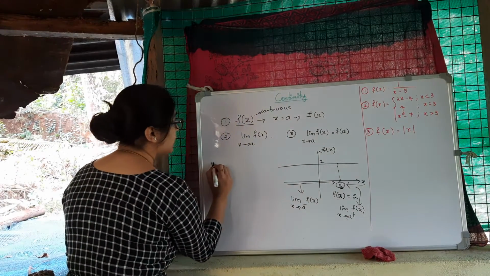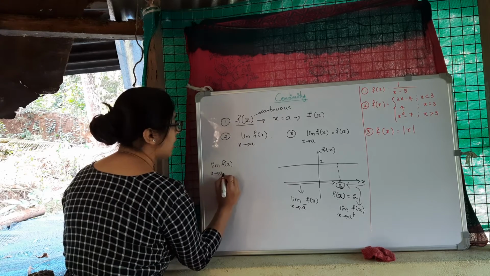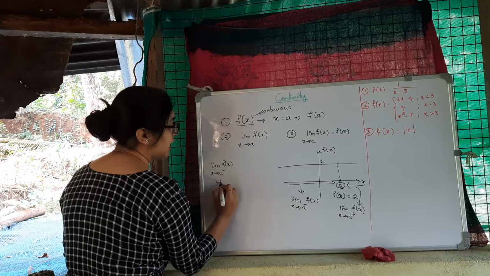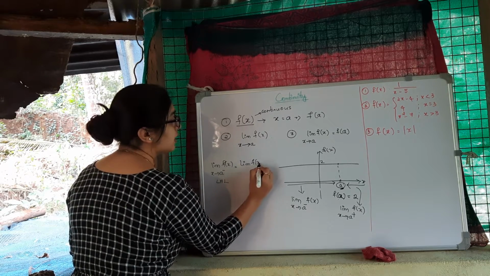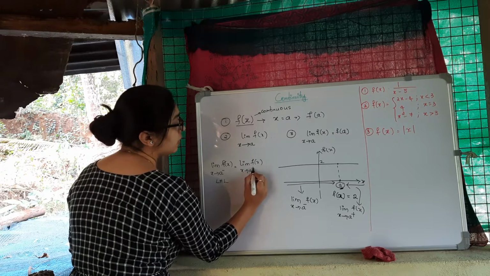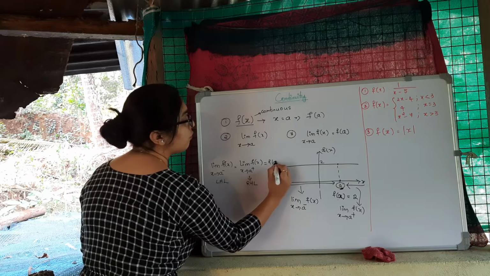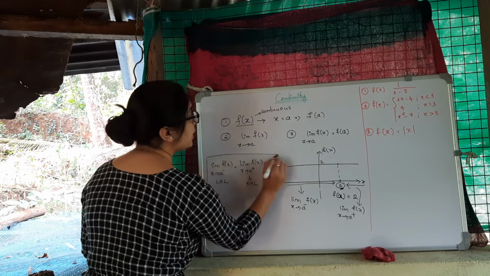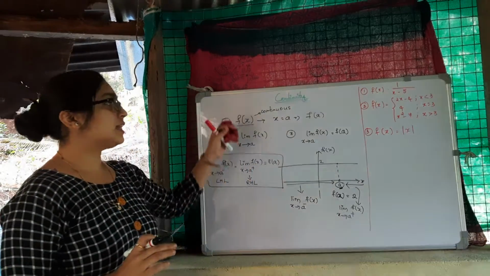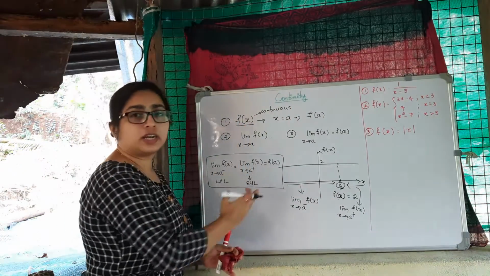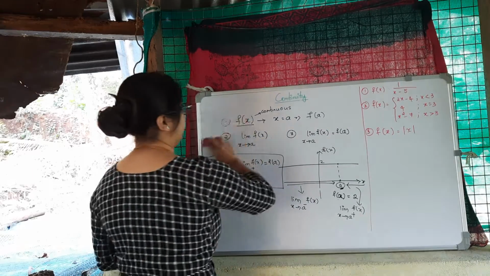So if the left hand limit is equal to the right hand limit, and it is equal to f of a, the function is said to be continuous. If it doesn't satisfy any one of the conditions, then the function becomes a discontinuous function.